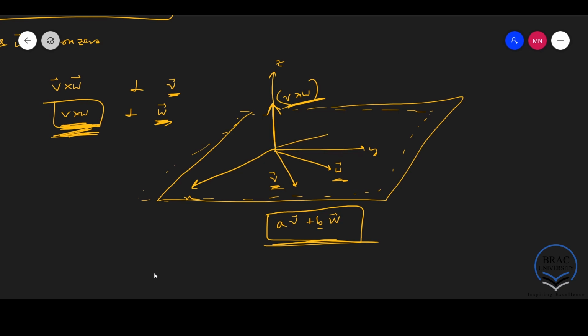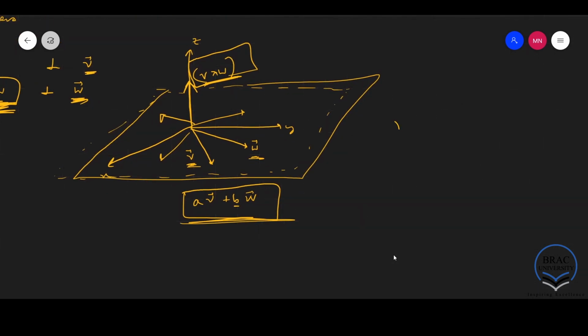So any vector on this plane, if we consider any vector on this plane, it is also orthogonal to the cross product of v and w, right? So v cross w is also orthogonal to all linear combinations of the vectors v and w, right?